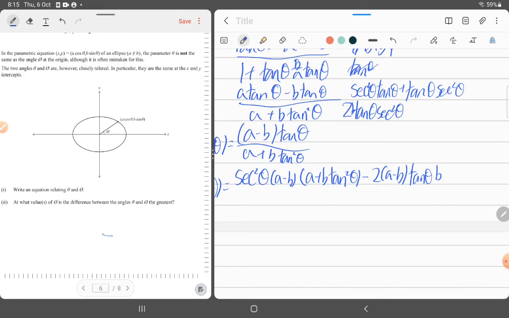Oh, that becomes tan squared theta, sec squared theta. Wait, here, let me just stick a b in here. Over. To be honest, the denominator actually doesn't matter.